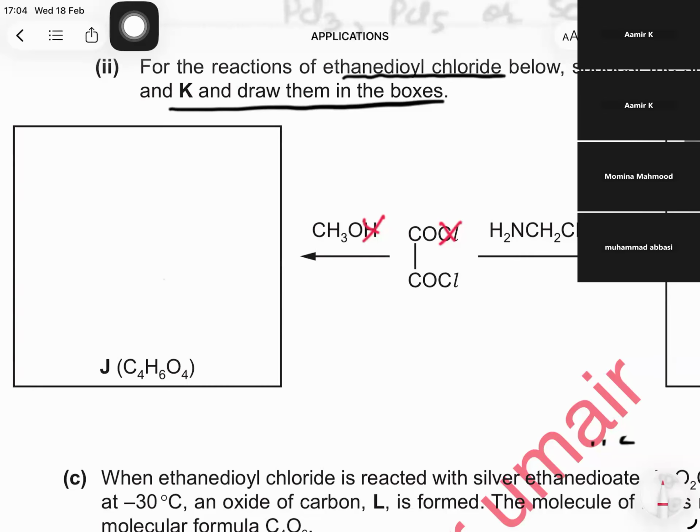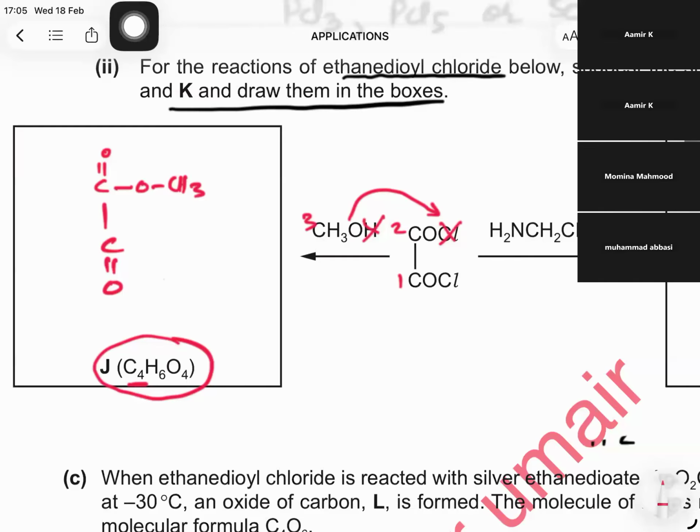But if you look at the molecular formula of J, it's not just one, two, and then three. It means both acyl chlorides react. So that's why, look at the total molecular formula, 4 carbon indicates that this CO, look at this CO, and then this O takes the place of Cl, OCH3 on this side, and this COCH3 on this side.